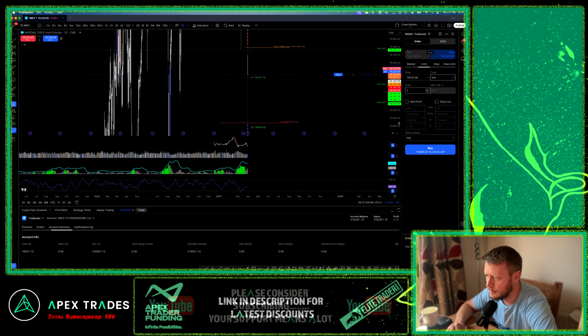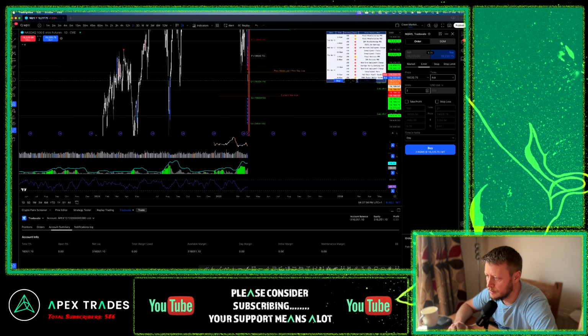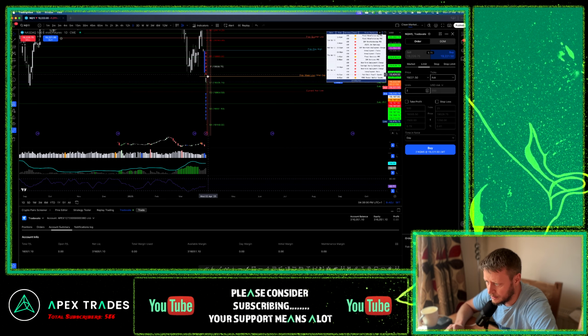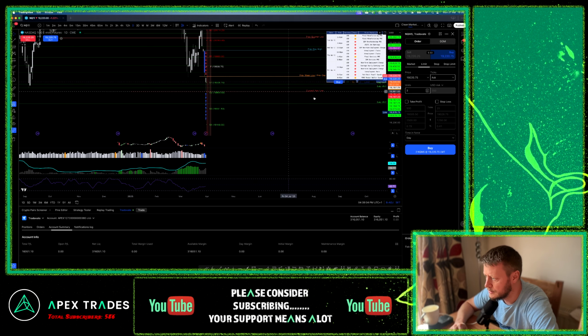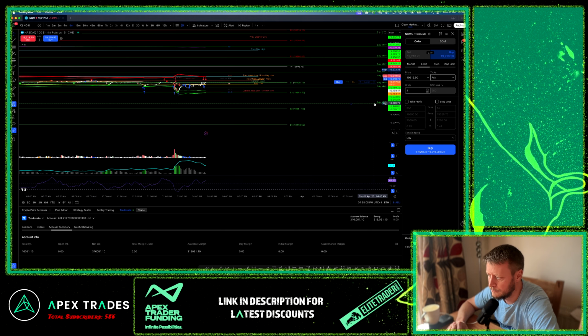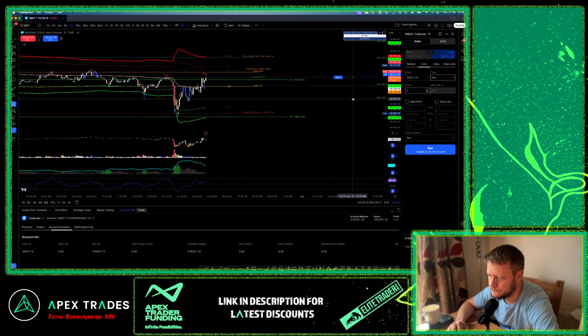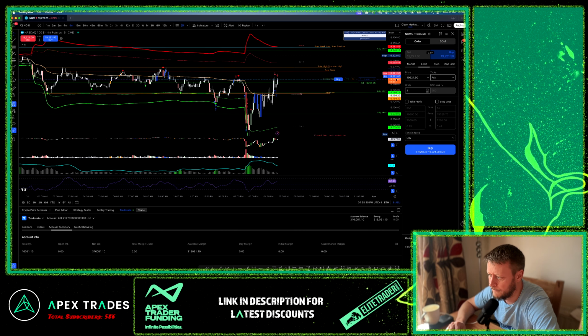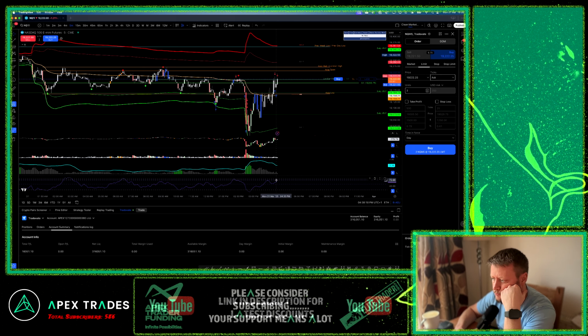If you look at the daily candle, it's nearly closed. Sorry about all that mess. But you can see here, if you can take the daily open, we've got a bit of room to go, but not much.